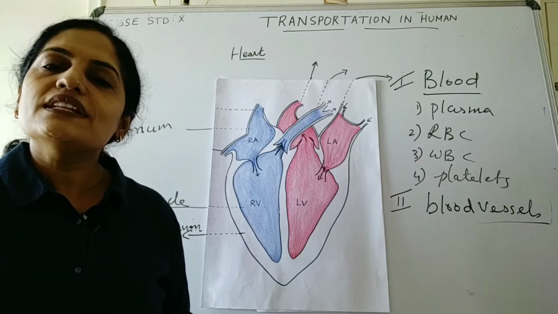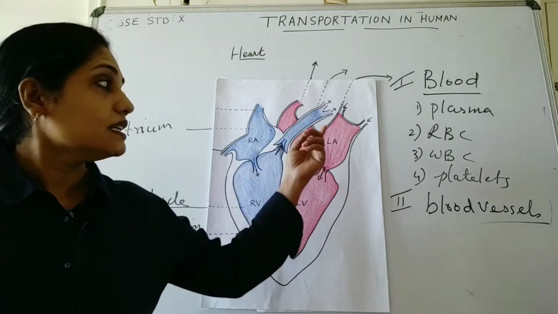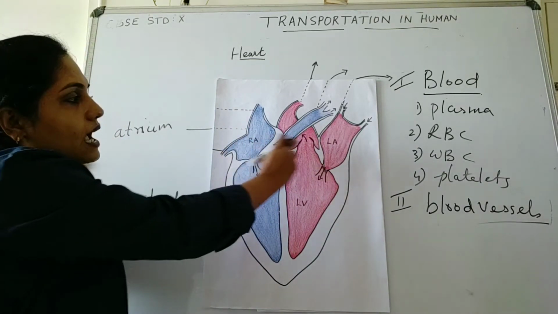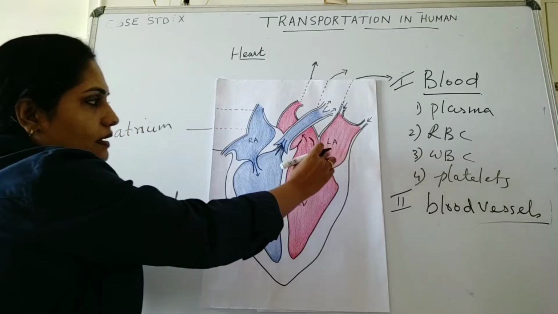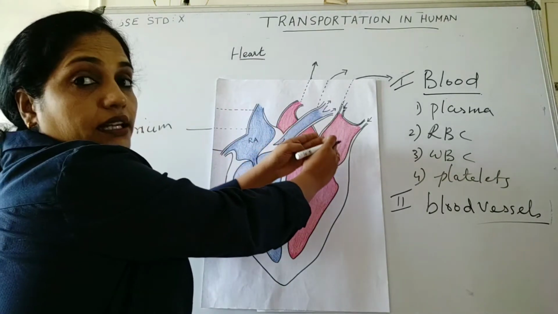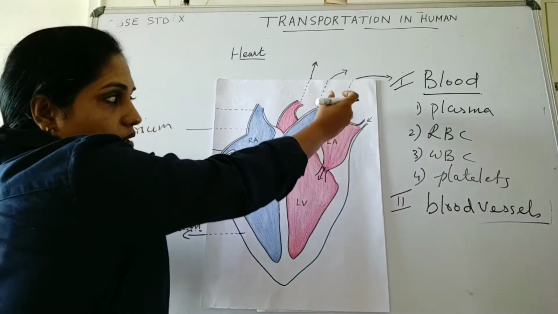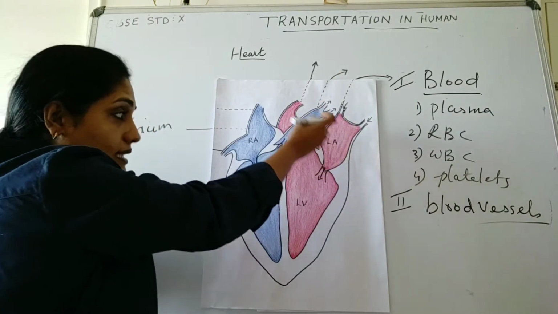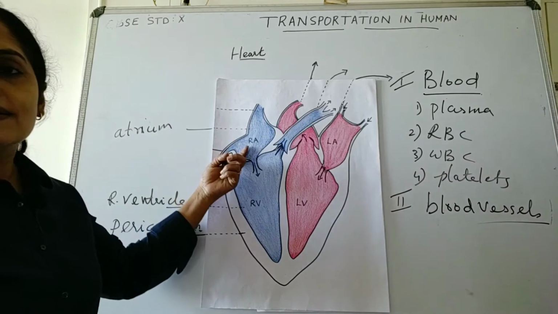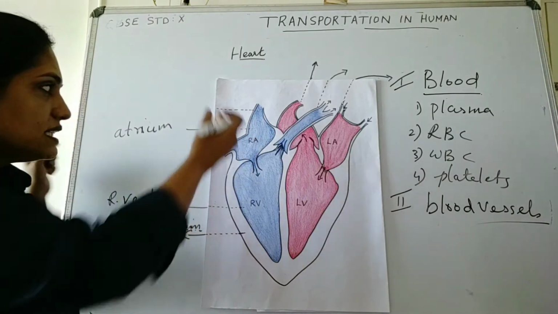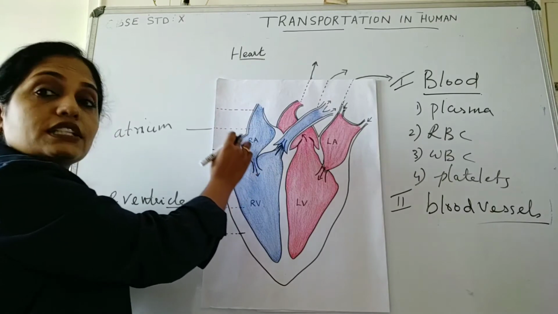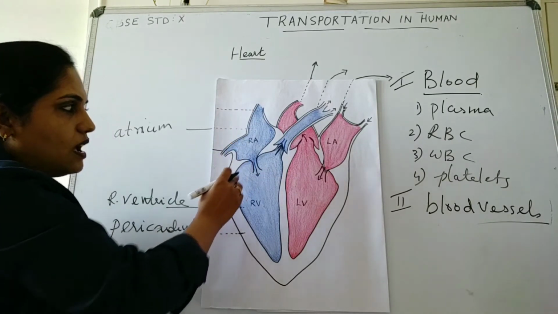Next we will see what is happening in these atria. This is the right atrium and this is the left atrium. The left atrium receives oxygenated blood from the lungs, and at the same time the right atrium receives blood from different parts of the body. That blood is deoxygenated blood.